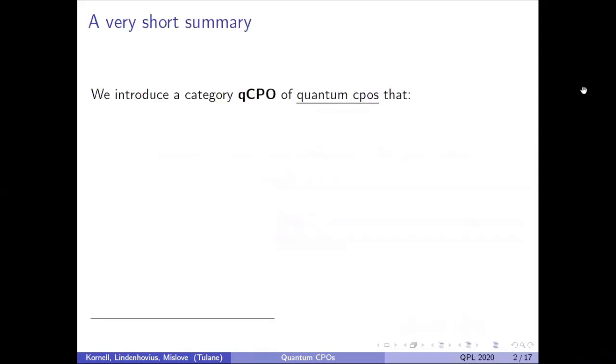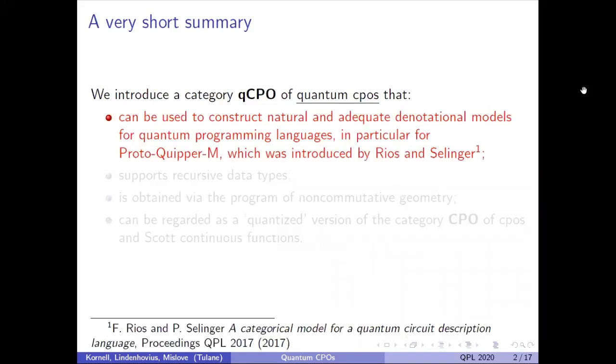To give a very short summary of this talk, we aim to introduce a category of so-called quantum CPOs, with the purpose of using them for denotational models for quantum programming languages. In particular, we were inspired by Rios and Selinger's Proto-Quipper-M, but we aim to use this category for a broader class of quantum programming languages.